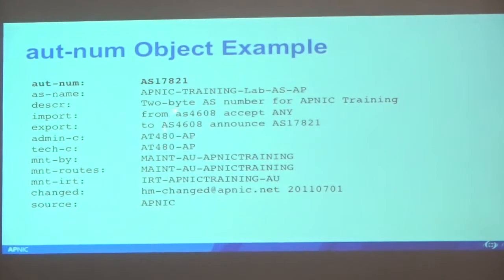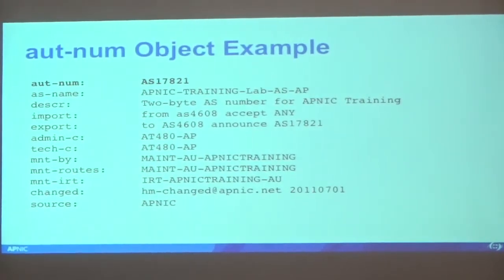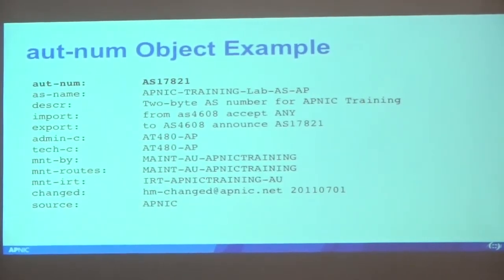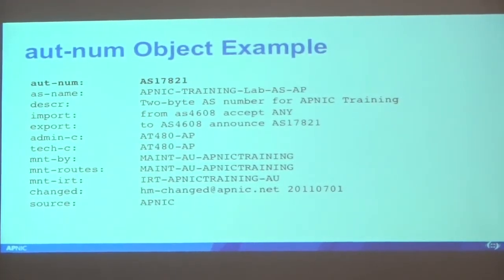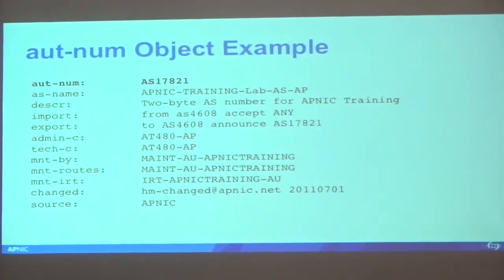Can anyone explain to me what this means? When it comes to traffic, what types of traffic will go to AS17821 coming from AS4608?